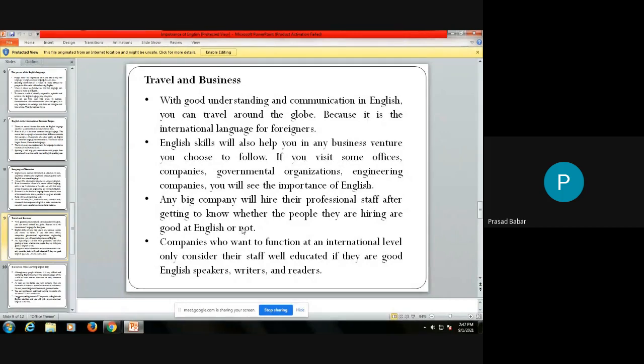If they understand that the staff is not good at English speaking or English writing, they won't entertain you. They won't tolerate you in their company. So that is why it is important.